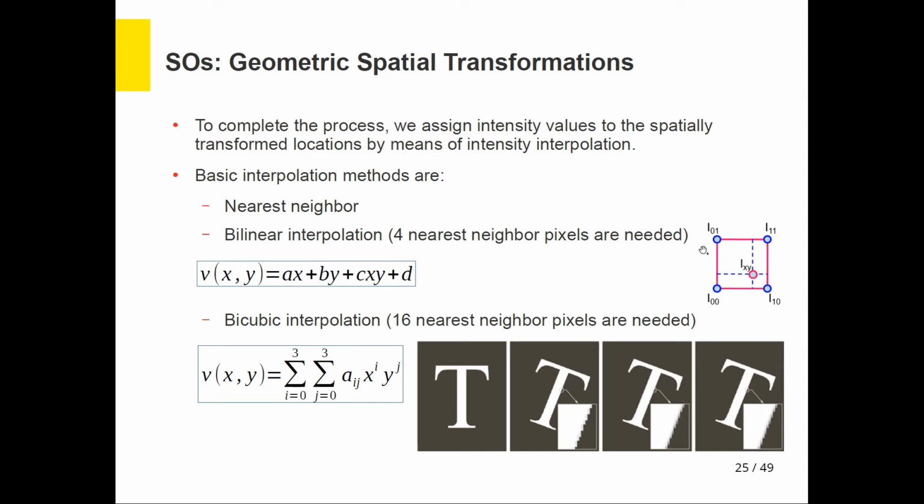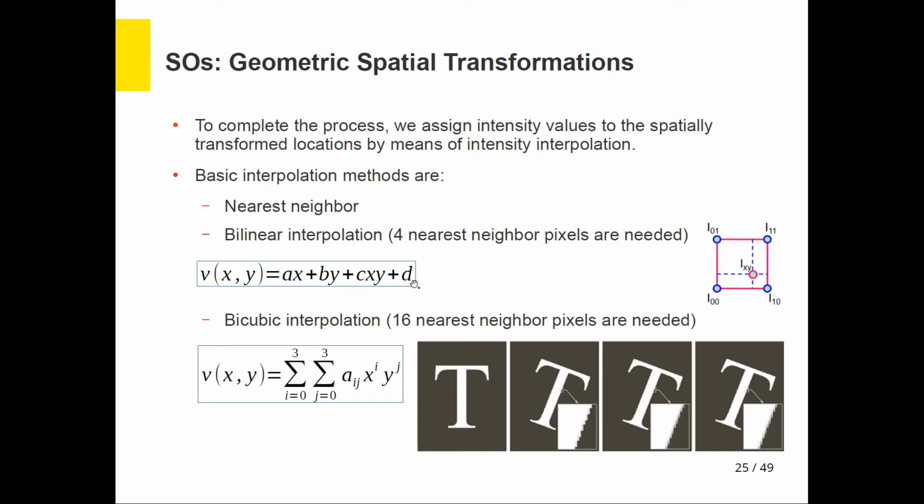For example, in this set of 4 pixels, if we want to find the intensity for this pixel in the middle, we find the closest pixel to it and we replicate the intensity value of this pixel in this place.